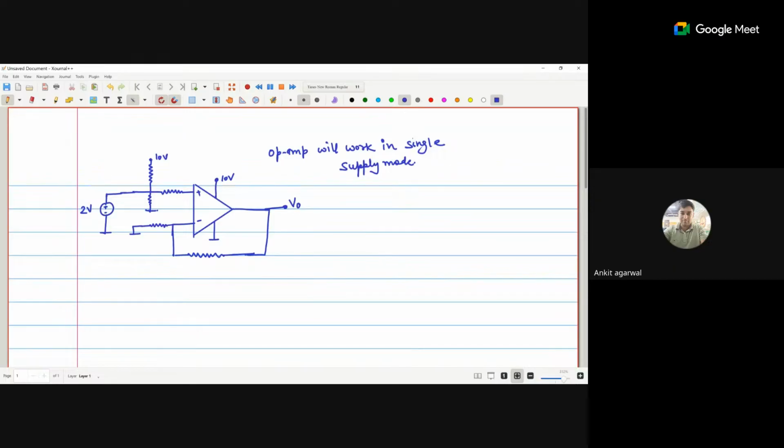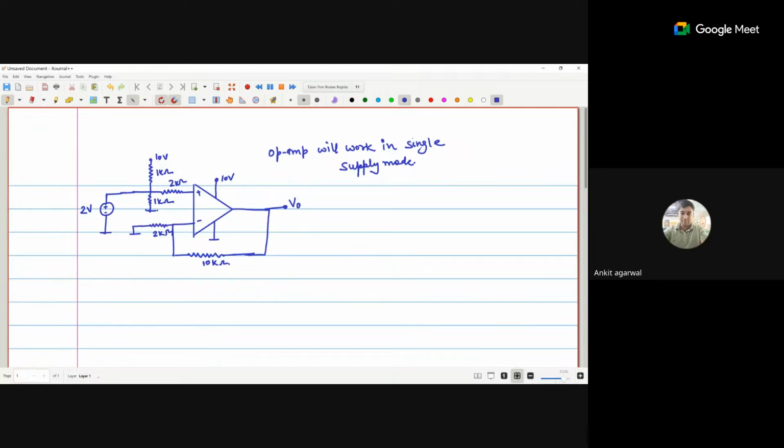V naught is 4. Okay. 1 kilo. 2 kilo. 1 kilo. 2 kilo and 10 kilo. Okay. Now, initially we are assuming that all resistors are equal.